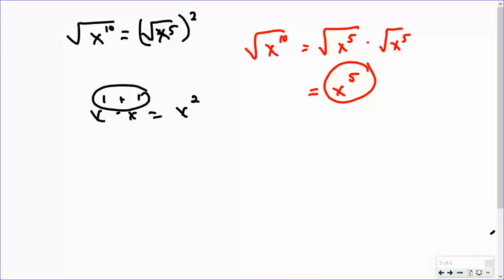What happens whenever I have a square root of x to the 4th? Well, to get to the 4th, I take x squared times x squared. So that's my answer. All I do with this particular number is I divide it by 2.